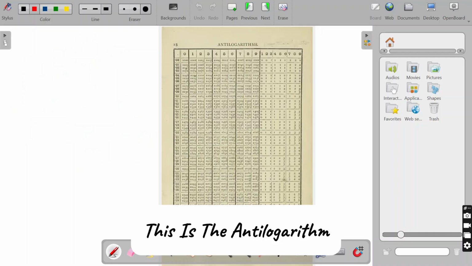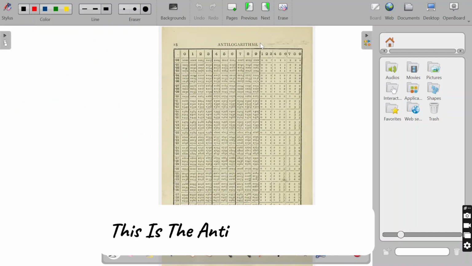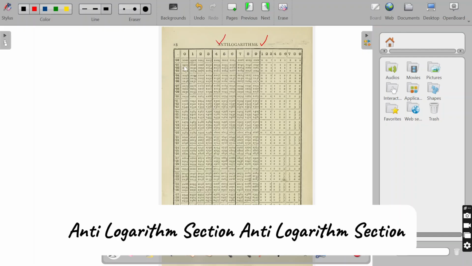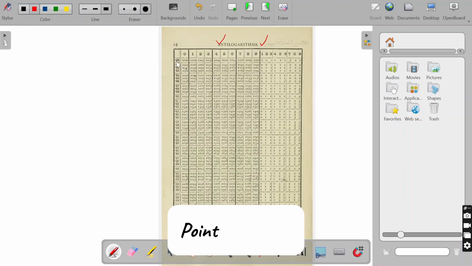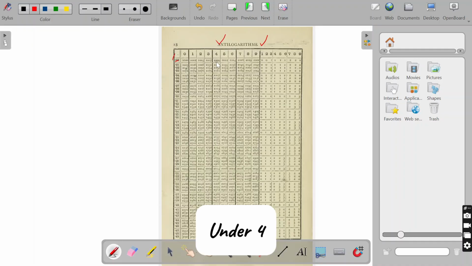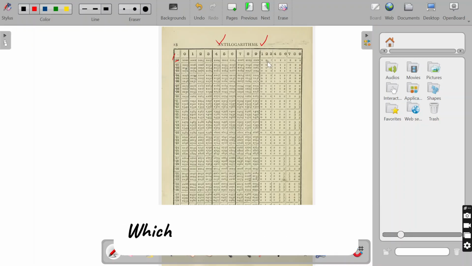This is the antilogarithm section. So you start from 0.00 under 4, which is 1009. Then difference 2, which is 0.